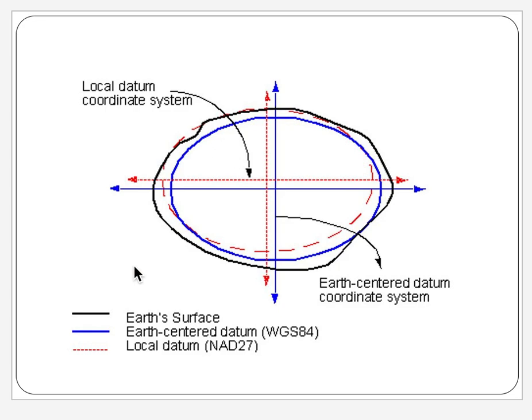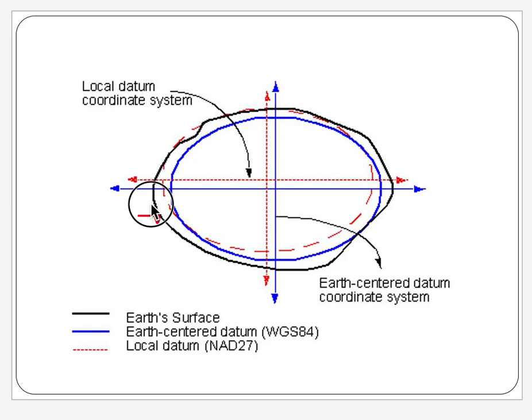Here we could look at the difference between an Earth-centered datum or a global referenced ellipsoid, or you could look at a local datum, which is a local referenced ellipsoid. So the global Earth-centered datum here is in blue, and the geoid, let me draw again, is in black.